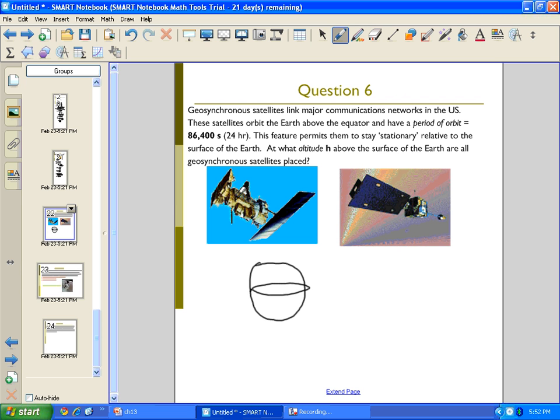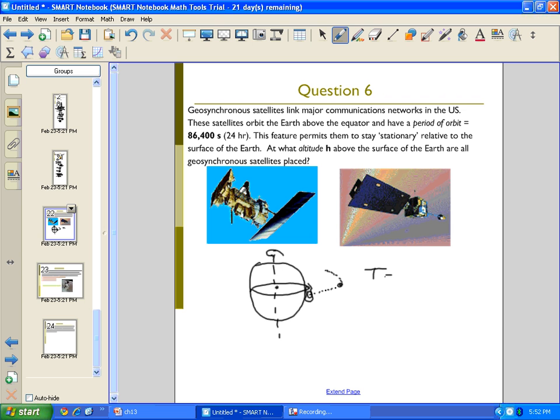So for example, if this is the Earth right here and here is the satellite, as the Earth goes around its axis, the satellite always rotates so that, if this is Florida right here and this is our satellite dish, our satellite dish can always find the satellite.